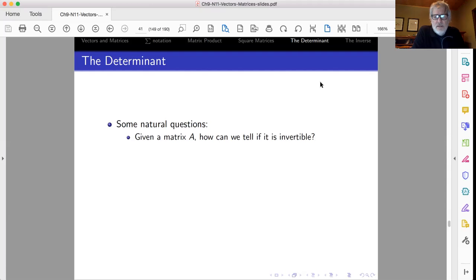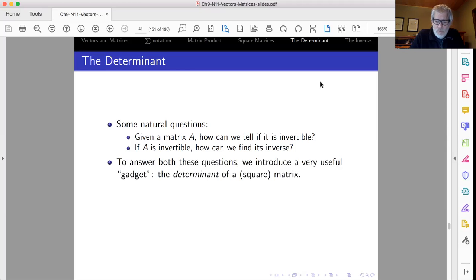Of course, if you have a candidate for the inverse and you multiply them out and get the identity, then you know your matrix is invertible. But if you don't have that, how do you know if there is an inverse or not? Even if you know that a matrix is invertible, how do you find its inverse? You might know that a matrix is invertible without being told what the inverse is. So how do you compute it?